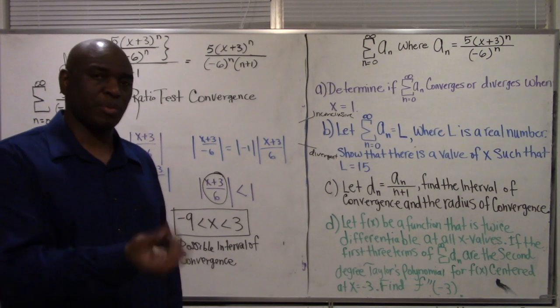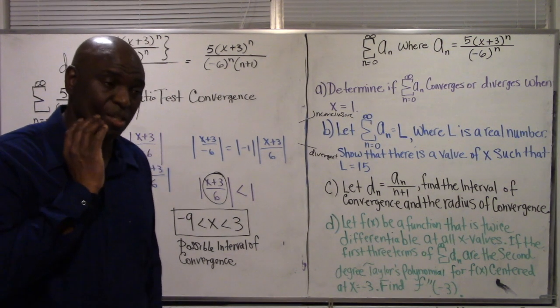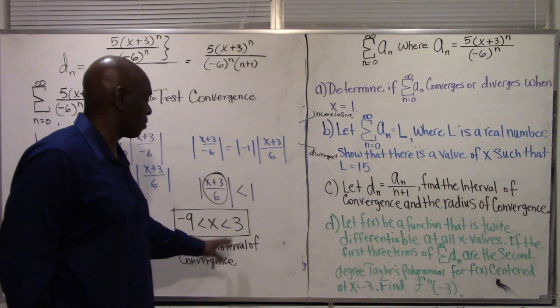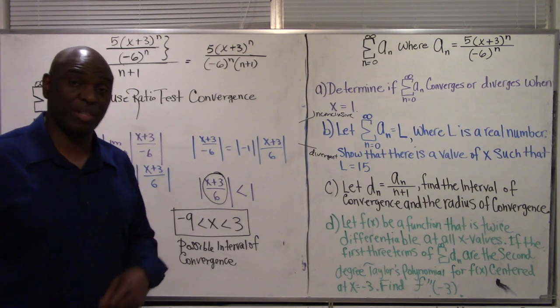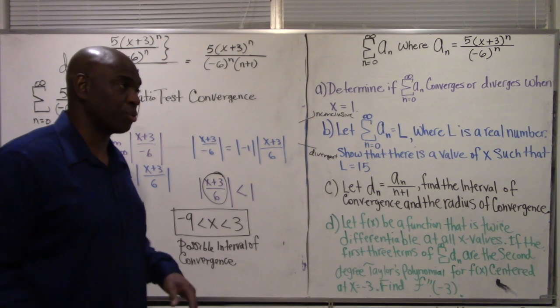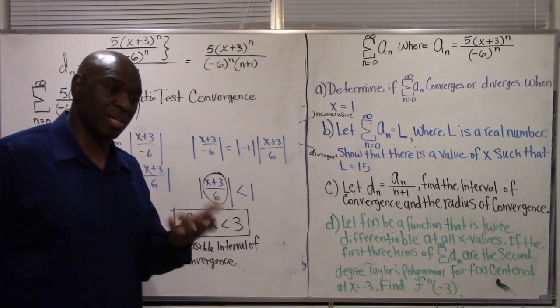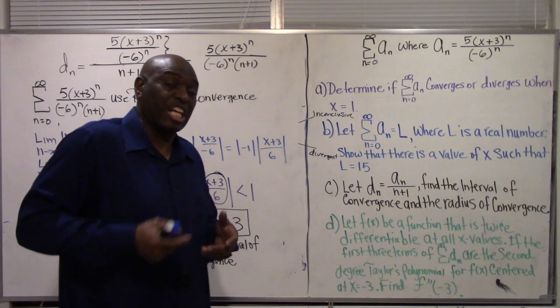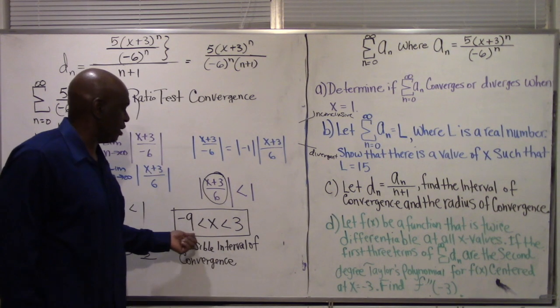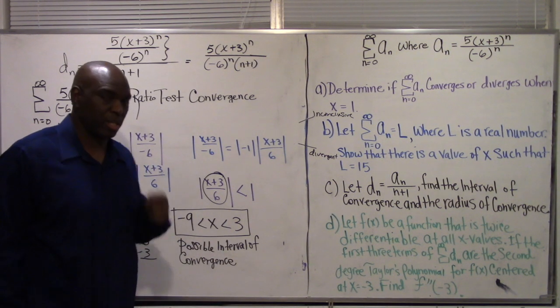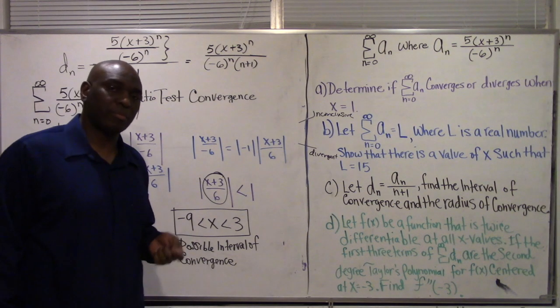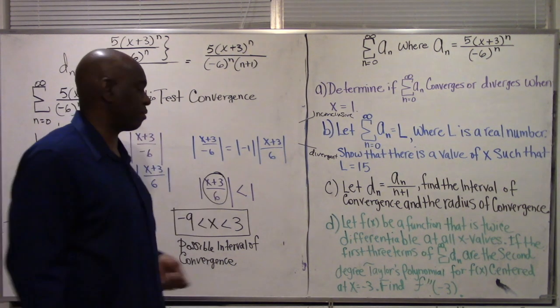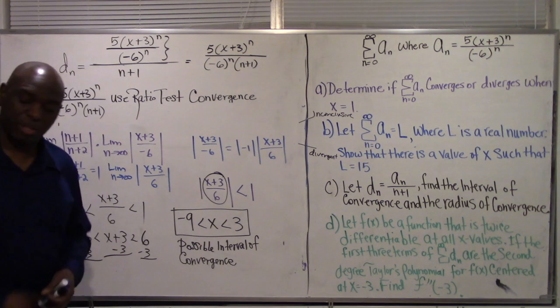The reason is, once you get these endpoints, which are exclusive, not inclusive, you have to test the endpoints to see whether or not they are actually included in the interval. Right now, these endpoints are excluded. Well, let's see if they are included. So we have to check it now.